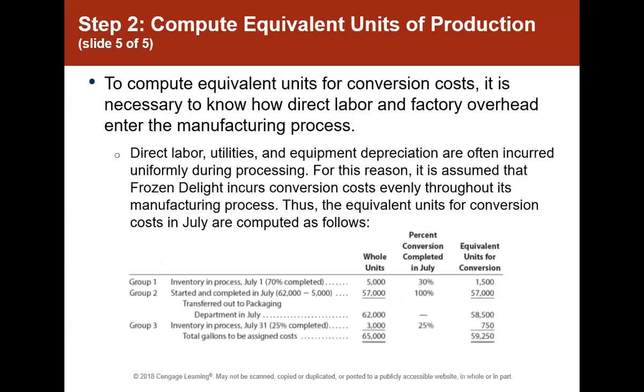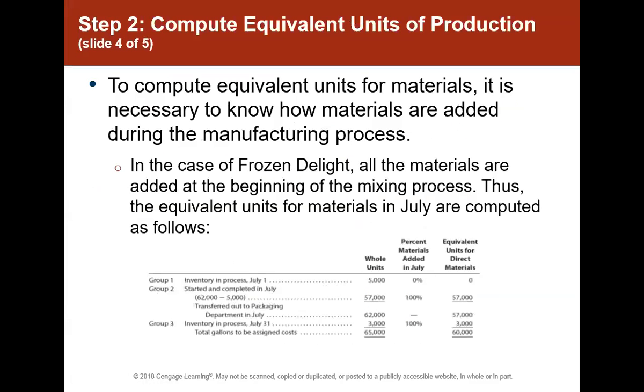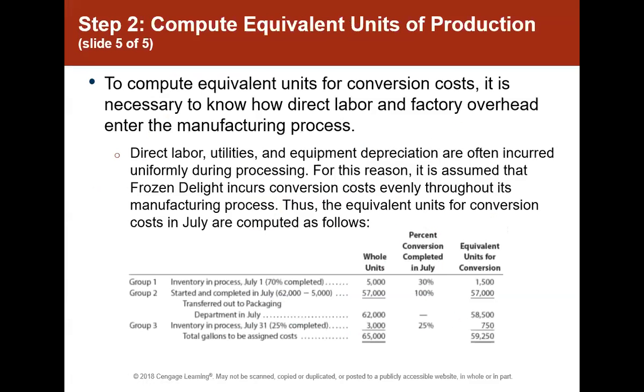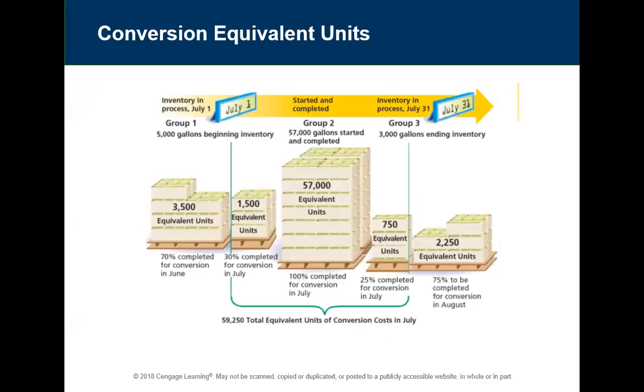We calculated 60,000 ending equivalent units for direct materials and 59,250 for conversion. Once we know our equivalent units for the period, we can calculate a cost per equivalent unit. That cost will then allow us to assign costs to beginning inventory, started and completed, and ending inventory.